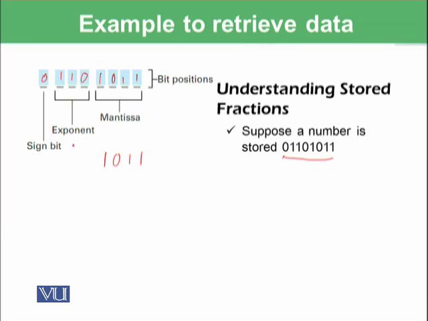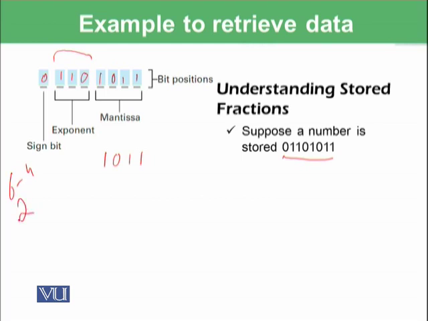The exponent tells us where we should move the decimal. At the moment the decimal is before the first one, so this exponent is 110, and this 110 is represented in excess notation, which we learned in the last module. So this is 6. In a 3-digit exponent, when 6 is displayed, it means you need to subtract 4 from that. So actually this is 2.